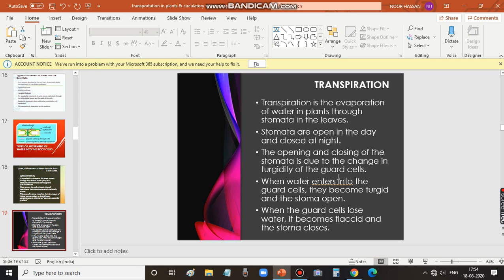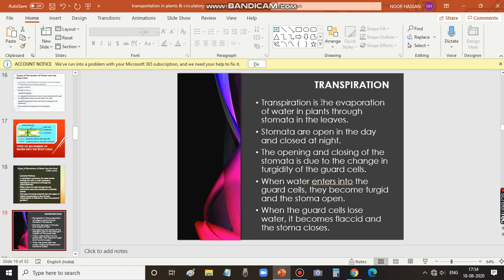When water enters into the guard cells, they become turgid, that is, bulky, so that the stomata open. When the guard cells lose water, they become flaccid and the stomata close.